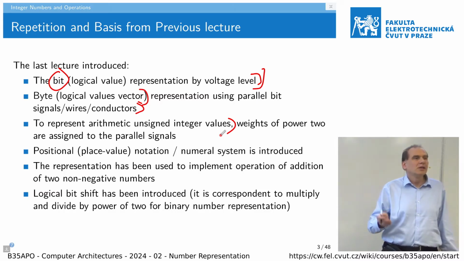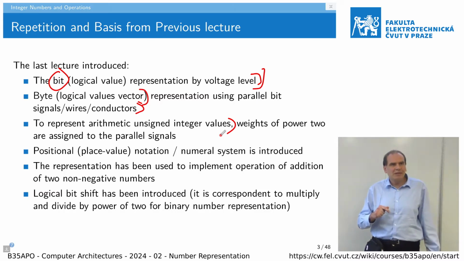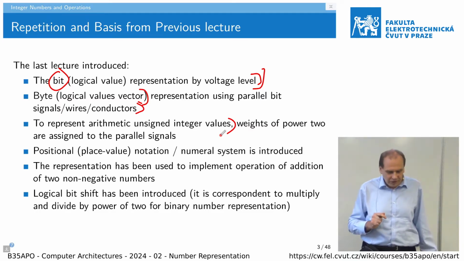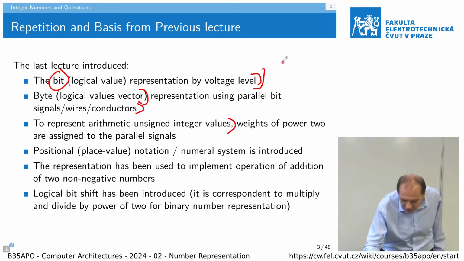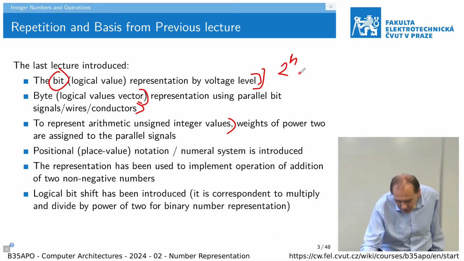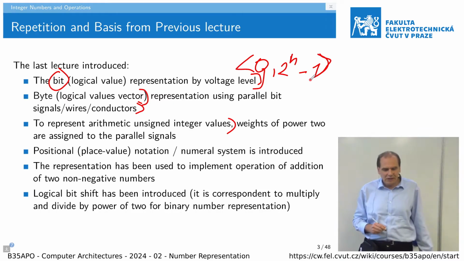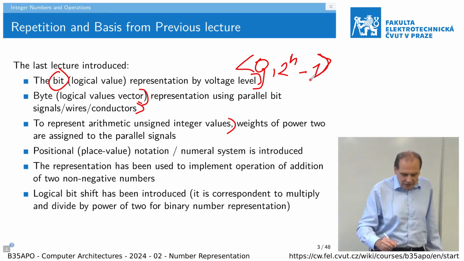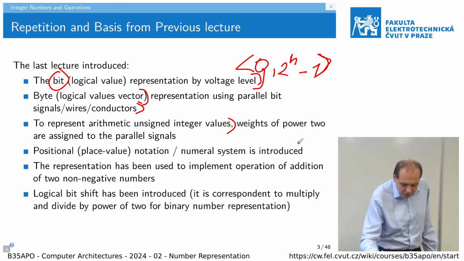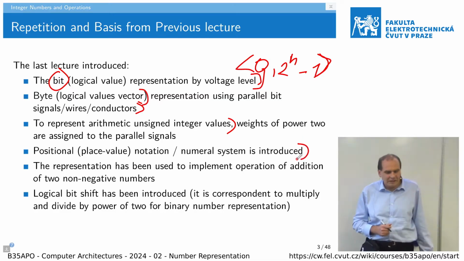The problem is that if we want to represent 0, then we have one less value for the positive values. So we can express values from 0 to 2 power k minus 1, including the limits.